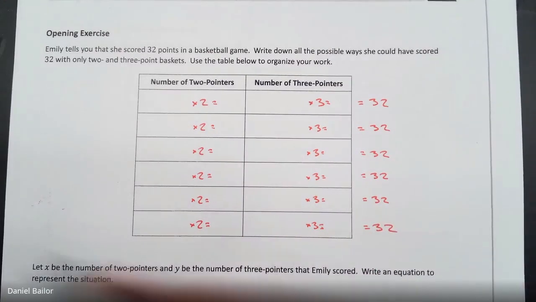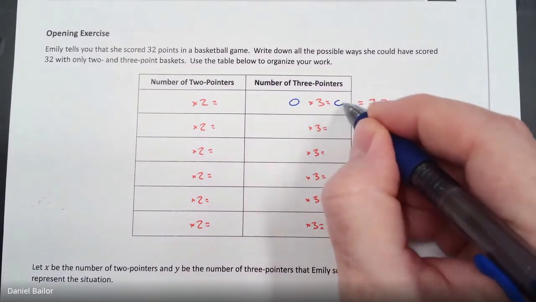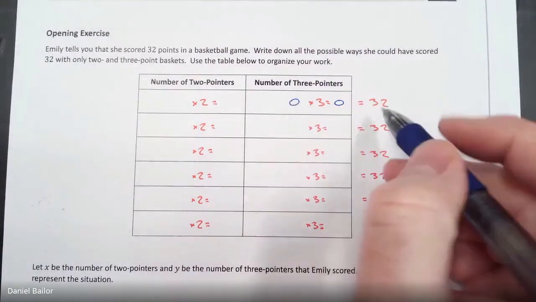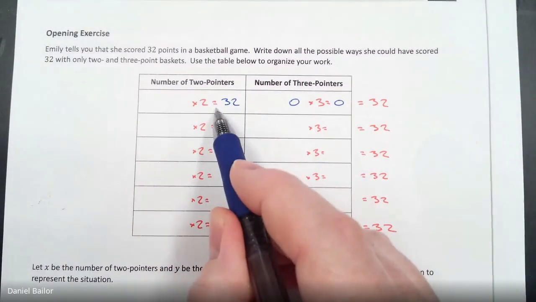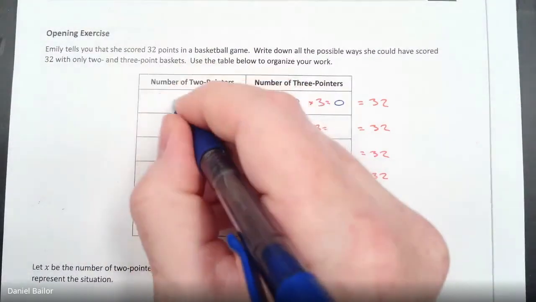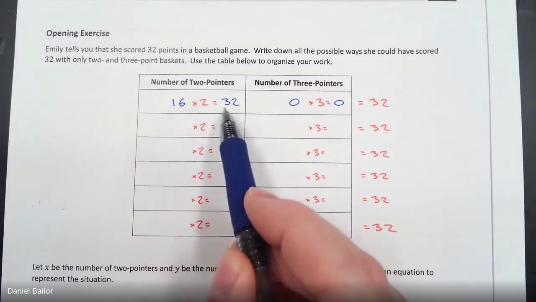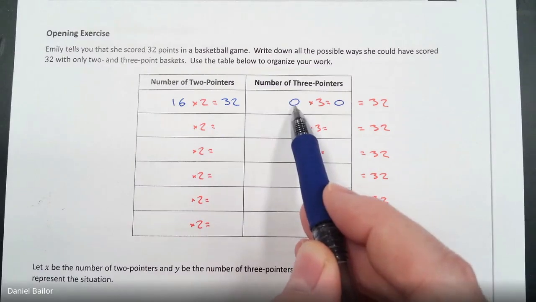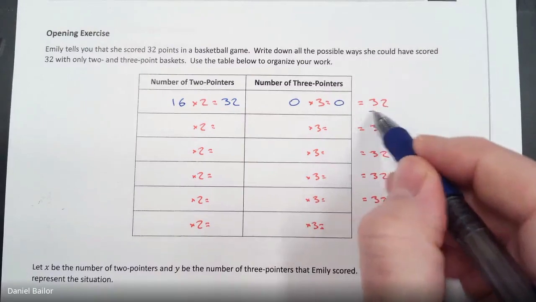Well, if she makes 0 3-pointers, that makes 0 points for 3-pointers, which means she needs all 32 points to come from her 2-pointers. Well, that's going to be 16 2-pointers. 16 2-pointers gives her 32 points. 0 3-pointers give her 0 points, but 32 and 0 together make 32.